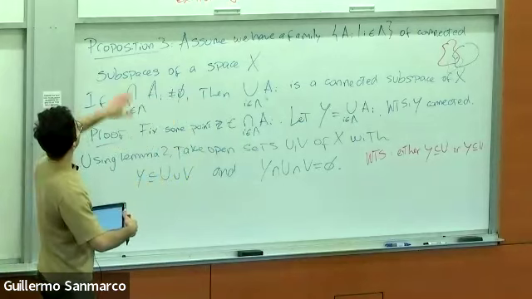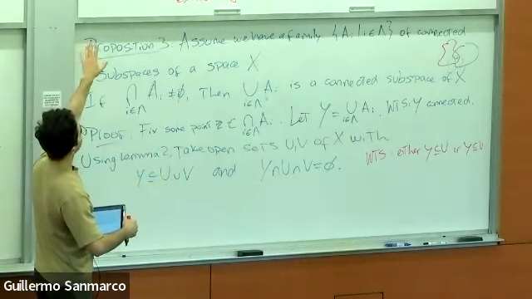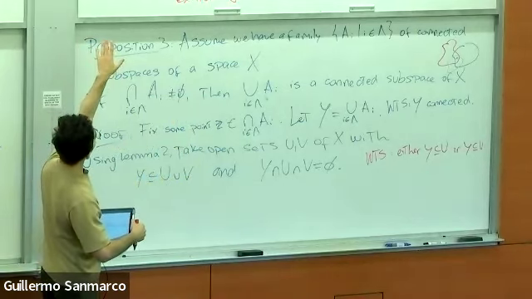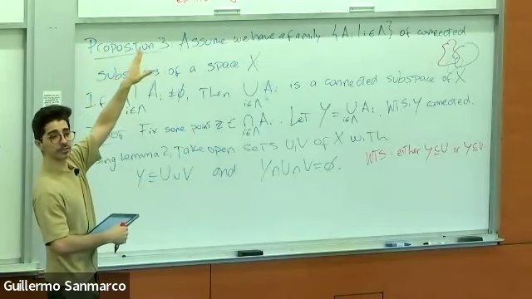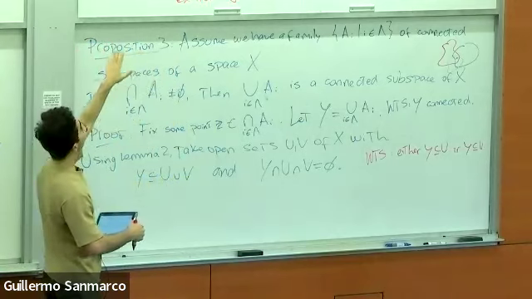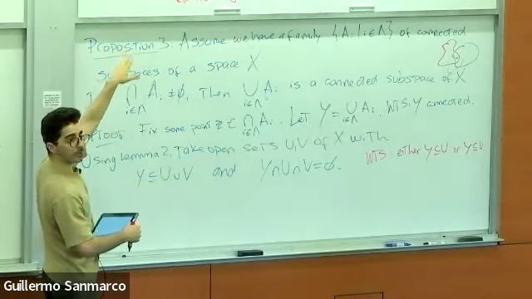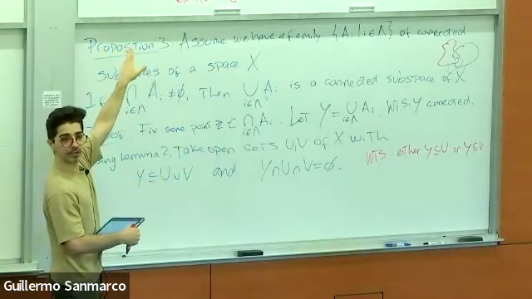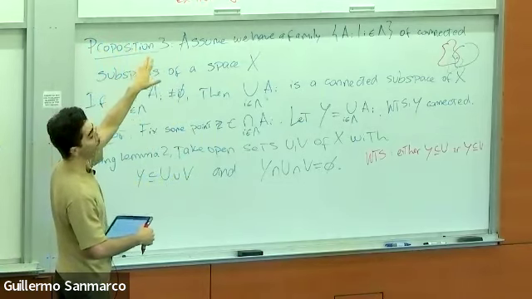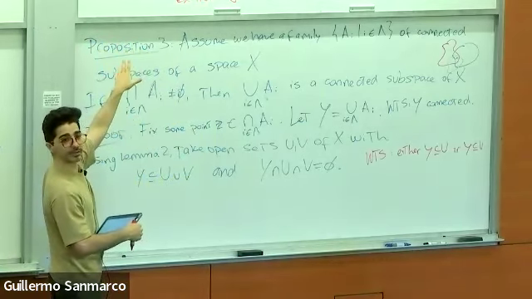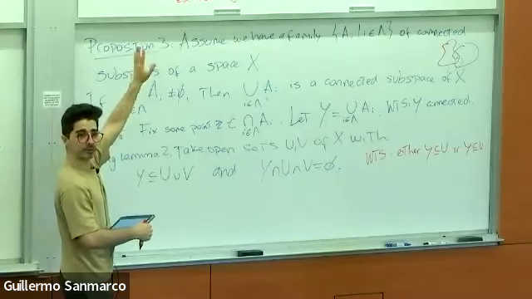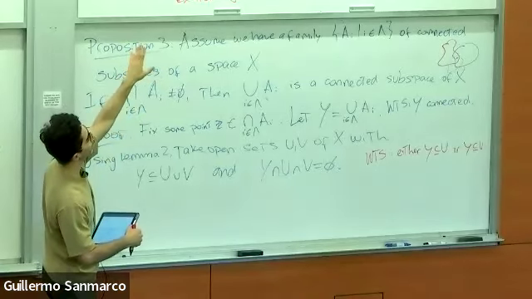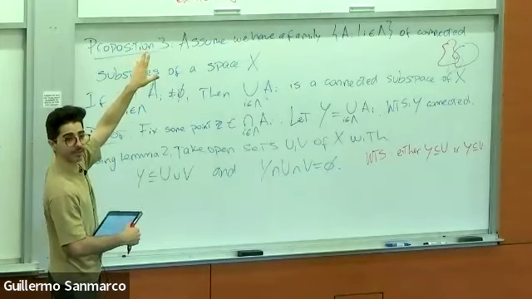What I'm trying to say is, in lemma 2, when you say either Y is inside of U or Y is inside of V, I could also say either Y is inside of U and intersects V trivially, or Y is inside of V and intersects U trivially. I could just add those and it will be the same, because I'm asking the three to intersect trivially.